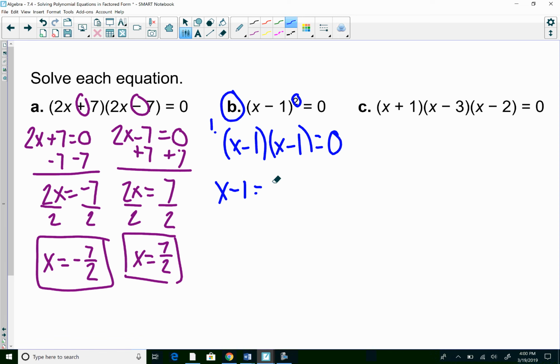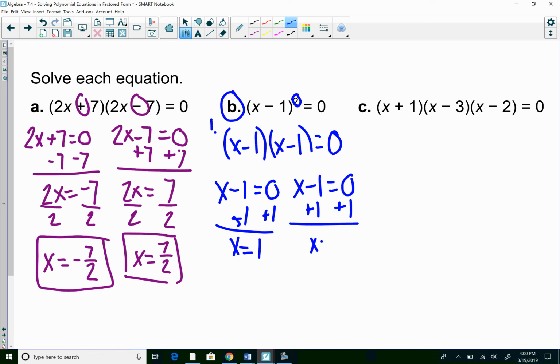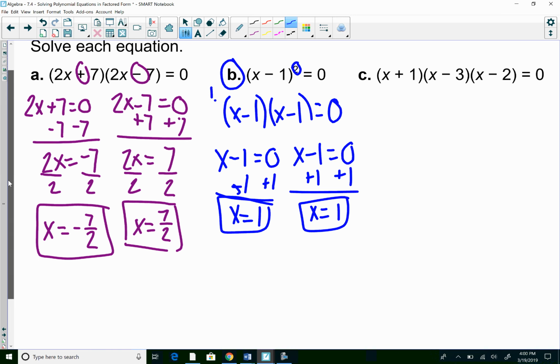And then once you've done that, set it equal to 0. Then you're going to add 1 to both sides for both of them, because again, you've got the same exact binomial. You're just solving it twice. So you come up with the repeated root. Now, when you look at your homework, you're only going to need to list it once. You are not going to need to list this twice.